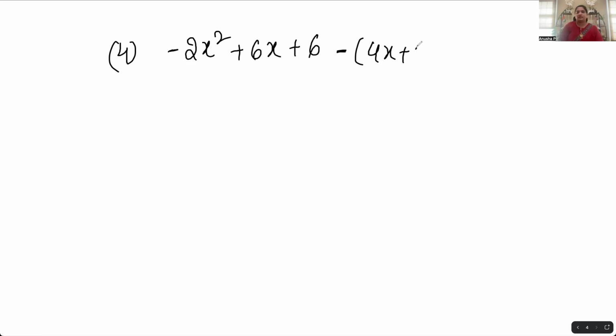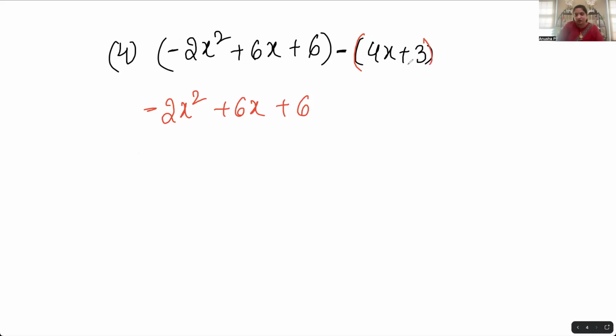Now coming to the fourth example, we will consider minus 2x square plus 6x plus 6 minus 4x plus 3. Again here, we are subtracting the polynomials. Whenever we are subtracting the polynomials, the important rule is we have to switch the signs of the second polynomial, because here we have a minus before the parenthesis.